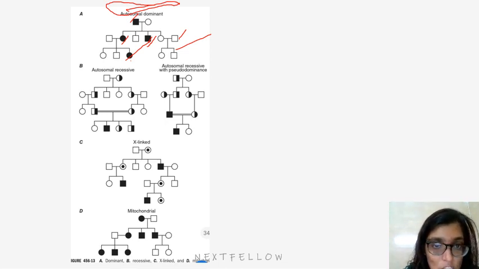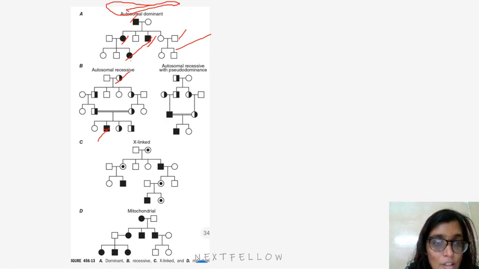Now coming to the next one, it is a recessive gene, and the disease is manifesting in the subsequent generation. So in case of recessive gene, it is affecting the male and the female equally, they are carriers.